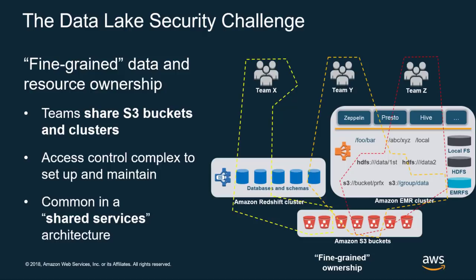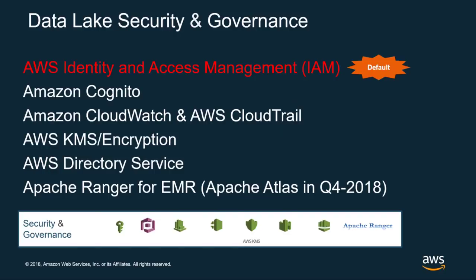So how do you do this? It really gets down to using all the tools that we've talked about and building upon them. Essentially, identity and access management, or IAM, is the default for this because, as I mentioned at the outset, this essentially gives coordinated access across users and applications throughout the AWS environment.